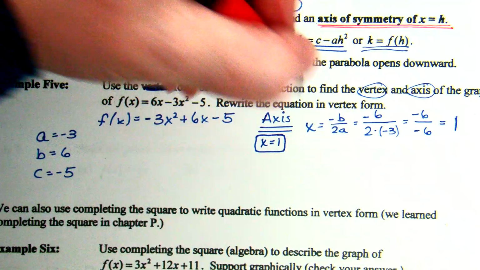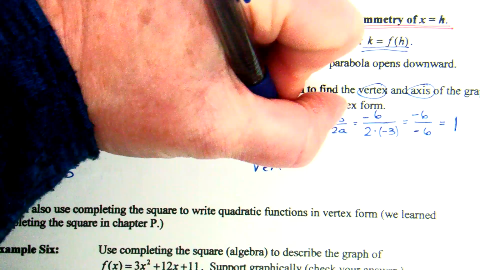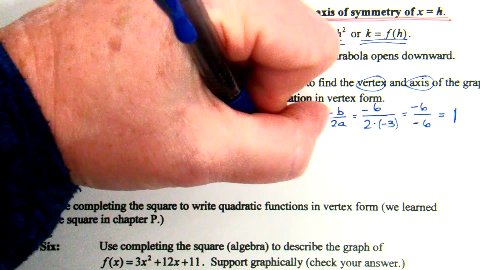Next job after you find the axis of symmetry is to find the vertex. What do you know about the vertex? The x value is 1. So I know right now my vertex is 1, comma, something. Again, not a coincidence, because my vertex is also (h, k).